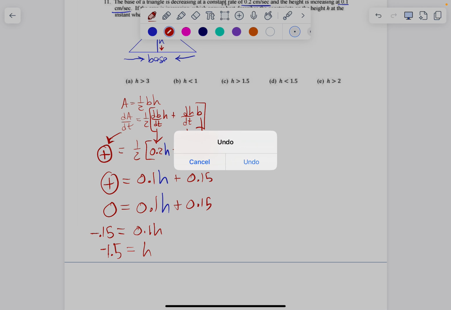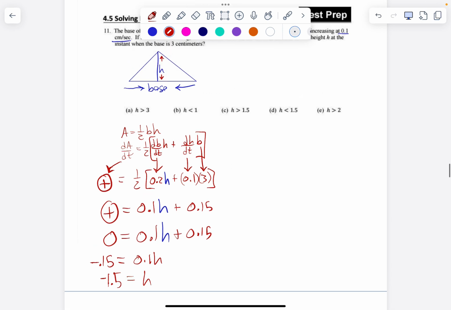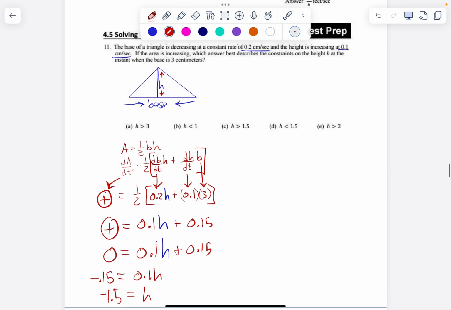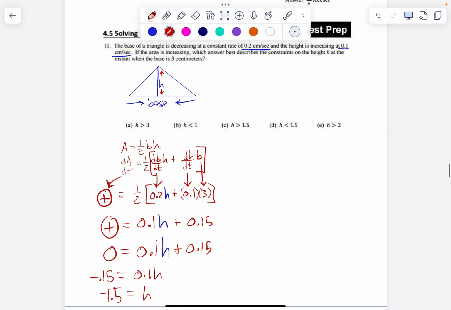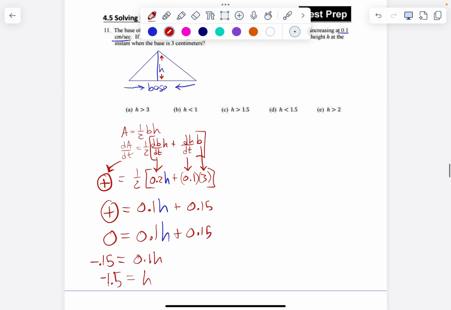So on the 11th column, it says the base of the triangle is decreasing at a constant rate. Doesn't it mean negative? Oh, negative 0.2. Yes.